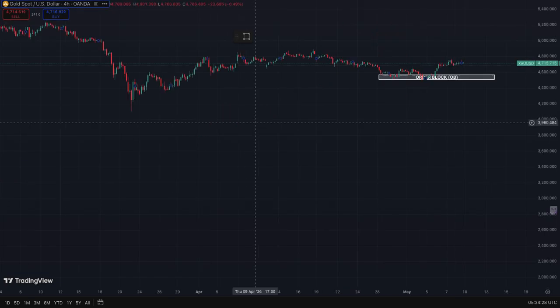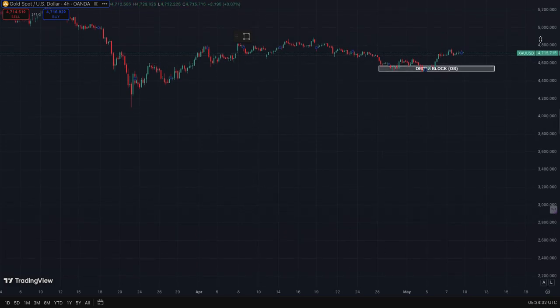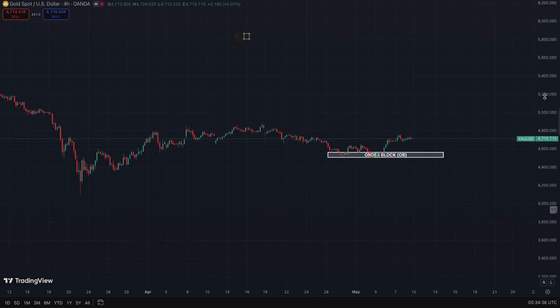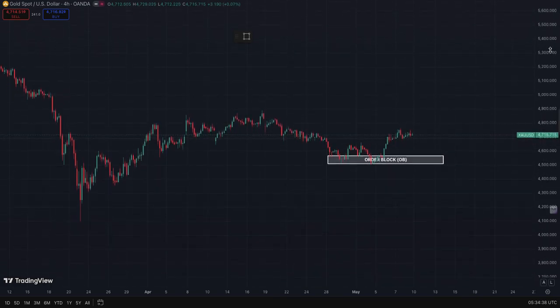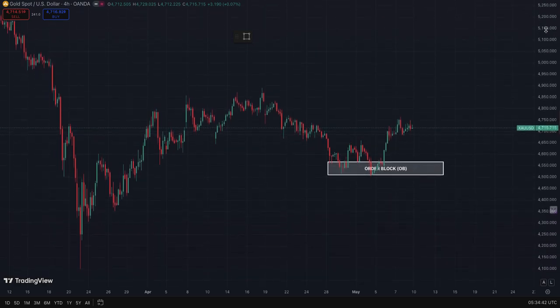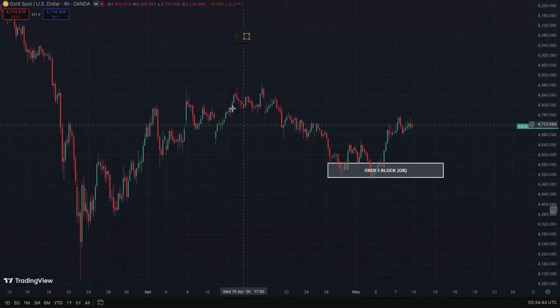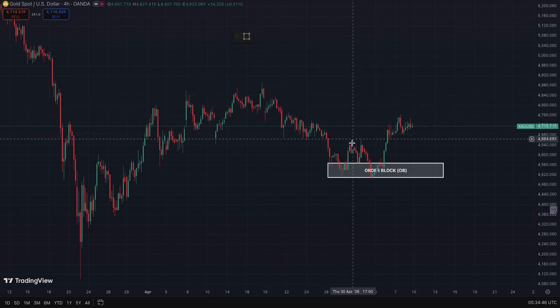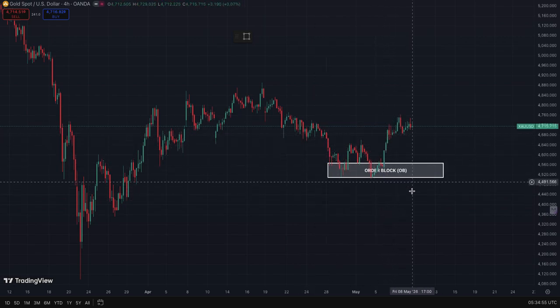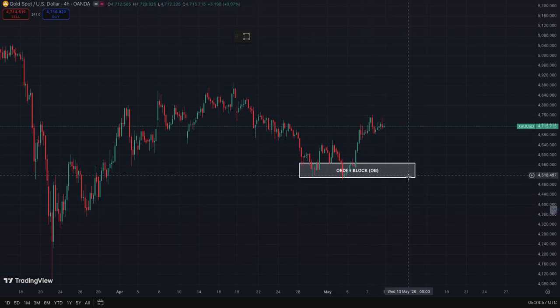So this is our 4 hour chart. We could see that there was a break of structure here, but before this move happened, smart money, they are the ones that move the market.